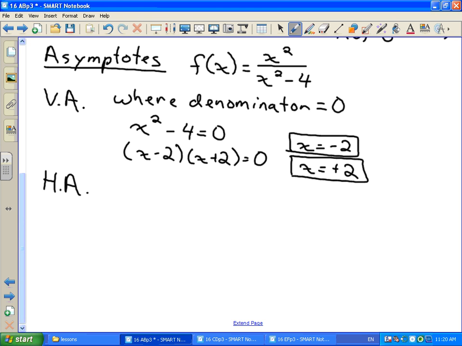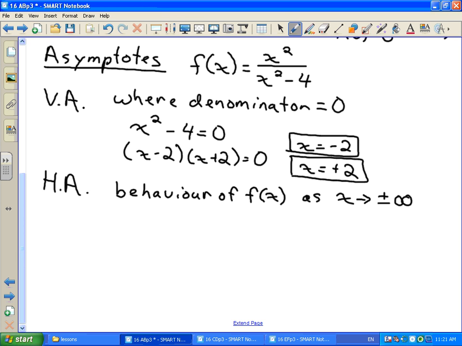Here's the method that I like, though. What is a horizontal asymptote? It tells you the behavior of your function as x goes to very, very large or very, very small values, so as x goes to either positive or negative infinity, way out far from the origin.